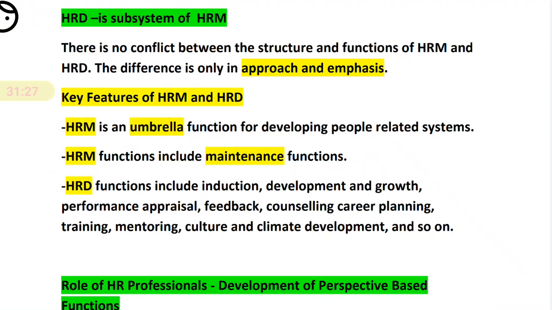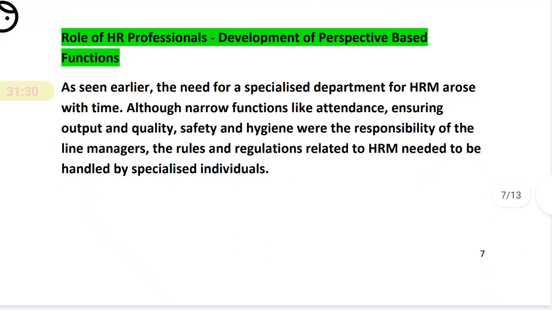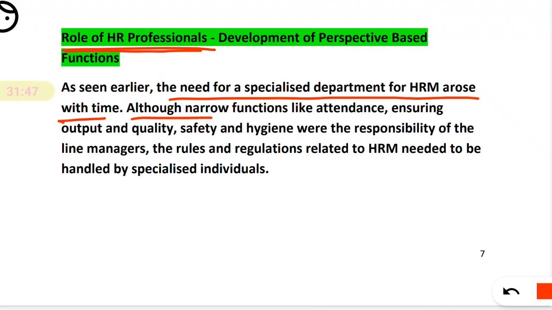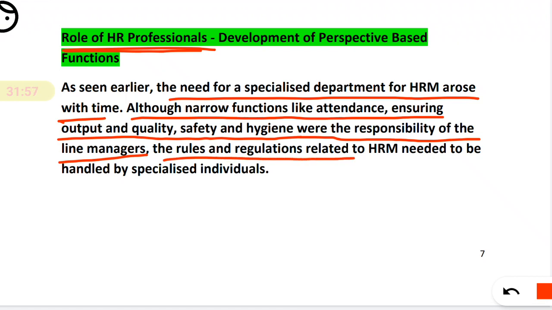Next we have to discuss the roles of the HR professional: development of a perspective-based function. As seen earlier, the need for a specialized department for HRM arose with time. Although narrow functions like attendance, ensuring output, quality, safety and hygiene were the responsibility of the line managers, the rules and regulations related to HRM need to be handled by specialized individuals.